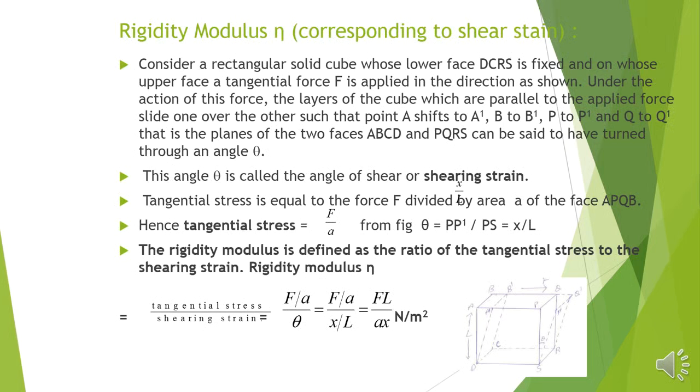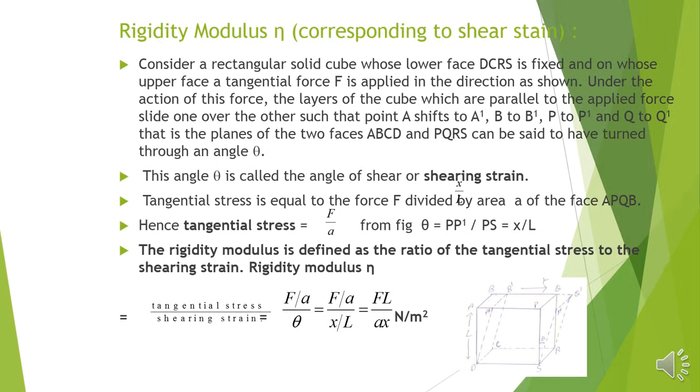Under the action of the force, the layers of the cube which are parallel to the applied force slide one over the other such that A shifts to A dash, B to B dash, P to P dash and Q to Q dash. That is, the planes of the lower face ABCD and PQRS can be said to have turned through an angle theta.